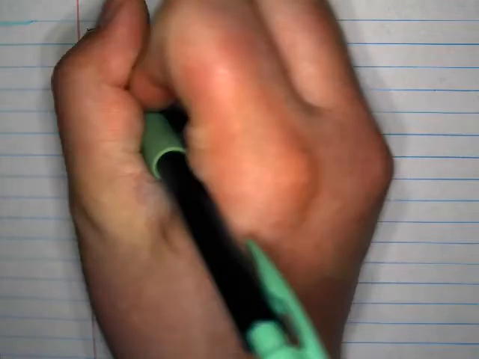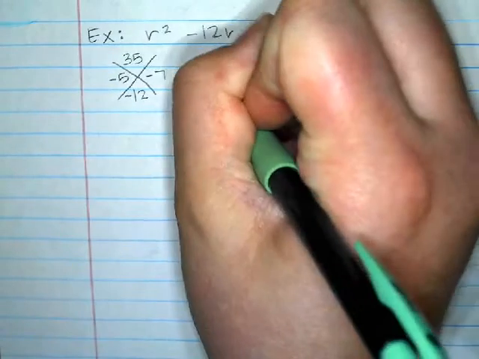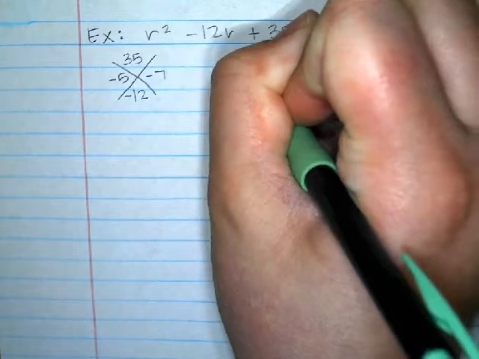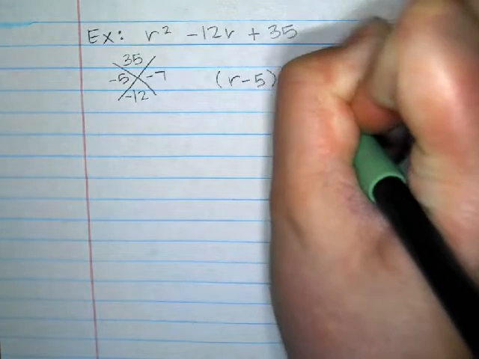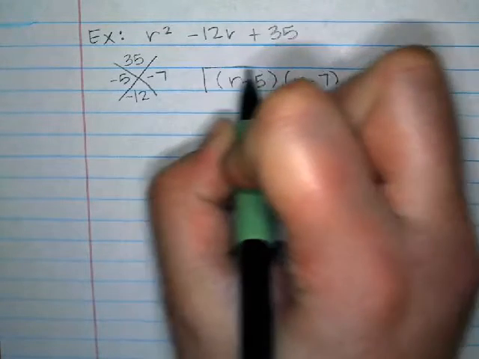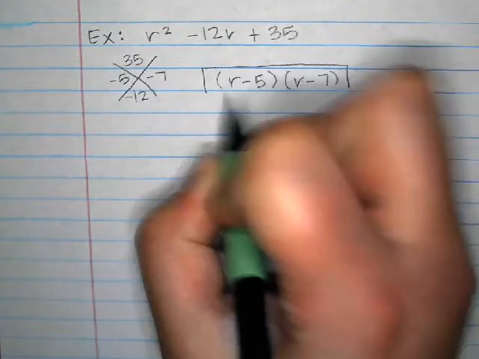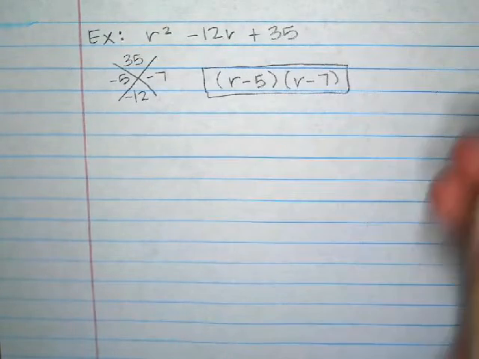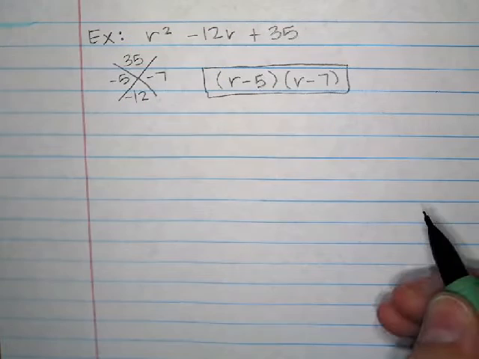So the two numbers would be negative 5 and negative 7, and in the parentheses we just write r minus 5, r minus 7. If you put r minus 7, r minus 5, you're still right. You can put these in backwards order and you're still good.